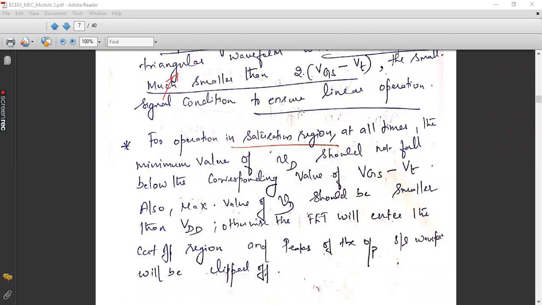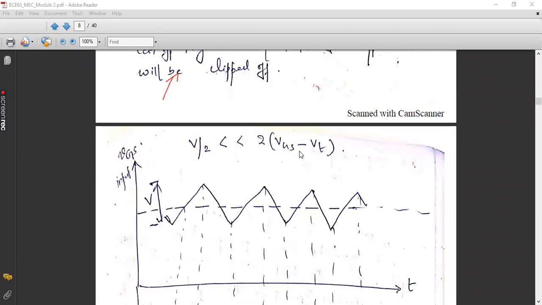Full swing in the sense that no clipping occurs in any of the half cycles of your input. So it will consider the entire input, and all those inputs can be amplified. That is, the entire swing can be maintained across the output load resistance. That will be ensured only if your Q point is in the saturation region, and especially in the midway.